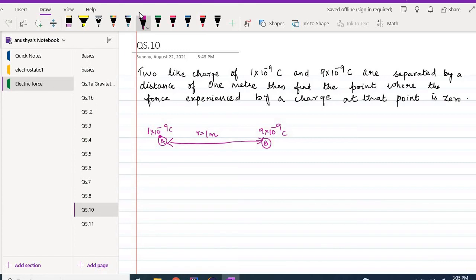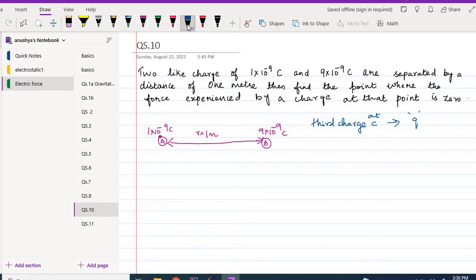We are going to place a charge in between A and B. By placing a third charge C, let its value be Q, you have to find at what distance the force on it is 0.